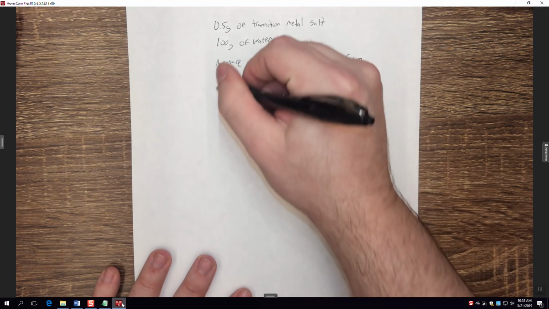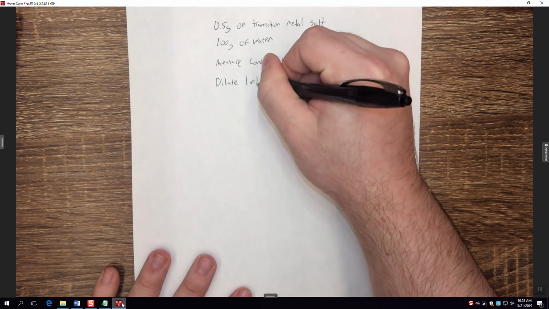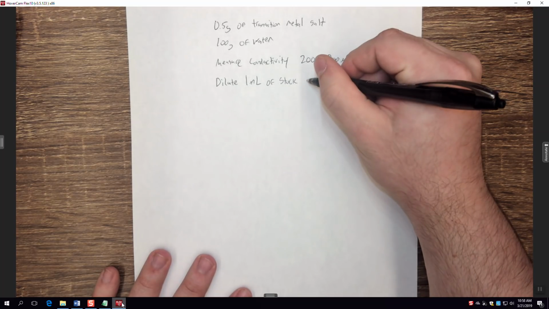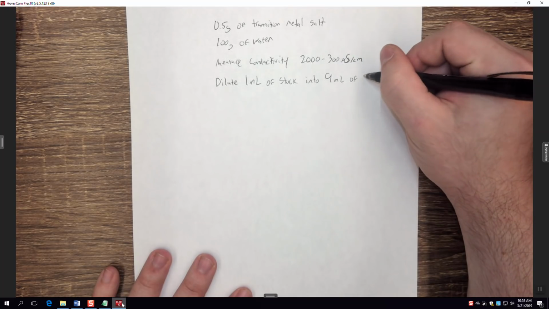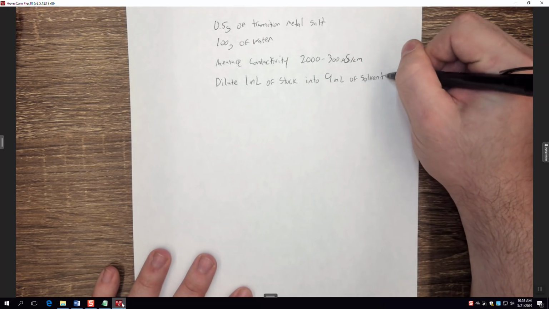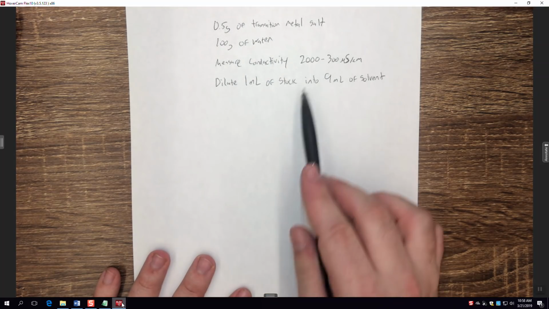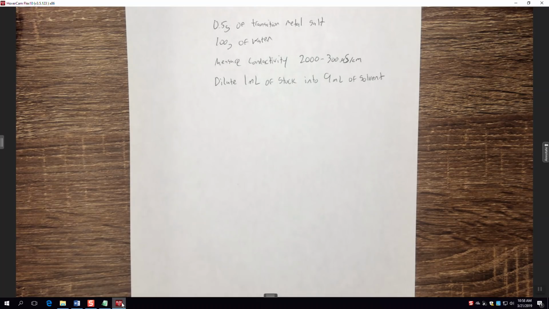So how are we going to dilute tenfold? We're going to dilute 1 mL of our stock solution into 9 mL of solvent, in this case water. So we take 1 milliliter of this solution, add it to 9 milliliters of water, and use that as our next step.